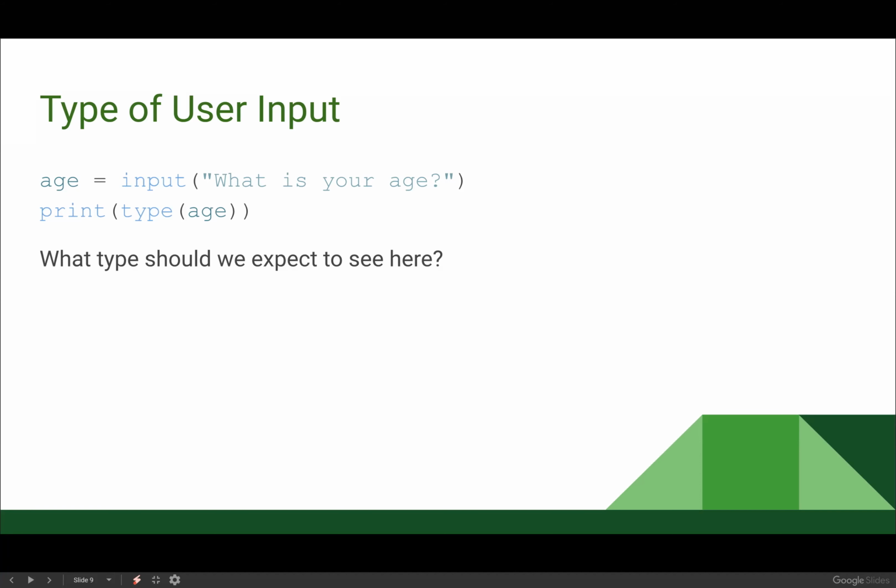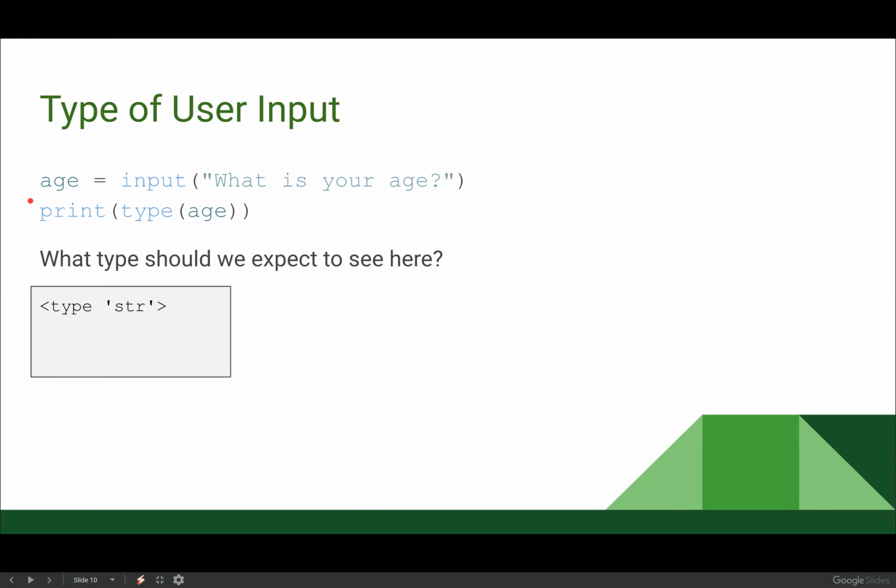You see some guesses on both sides. And the answer is we are actually also going to see a string here. And that's because anything that we type in on our keyboard, those all count as characters. So everything that is typed in is going to be saved as a string value in Python.